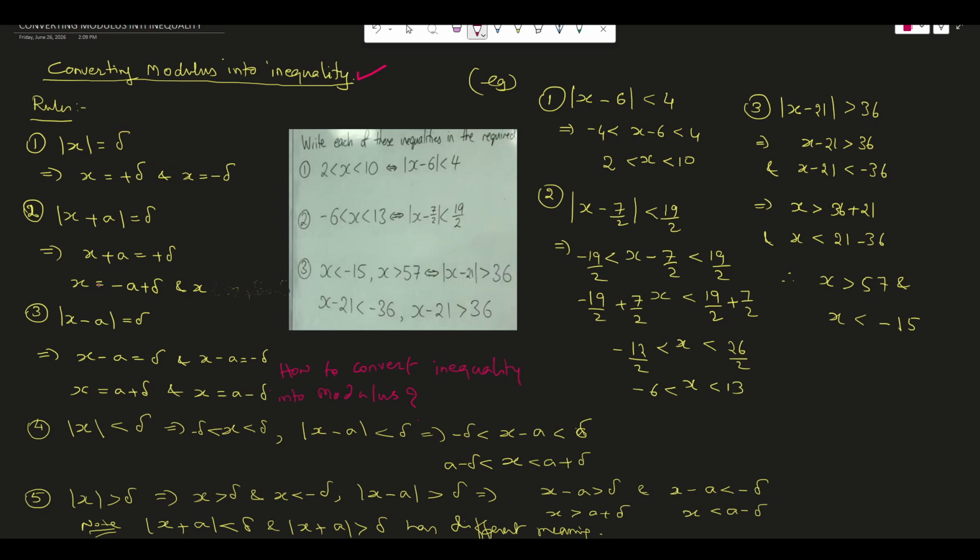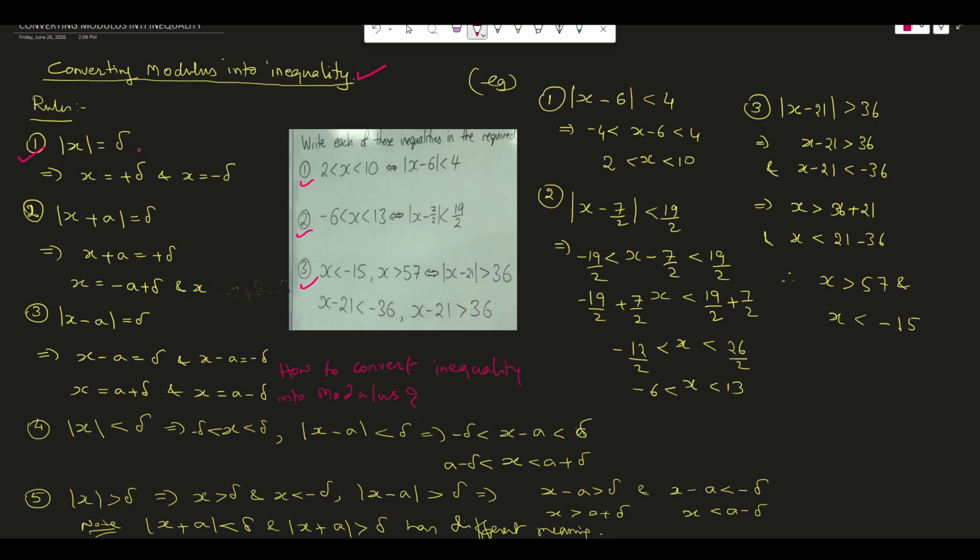So I'm going to first talk about those rules, and then I'm going to teach you these three examples in which inequality and modulus are interconverted into one another. In today's video, perhaps I'm going to teach only the conversion of modulus into inequality, not the other way, right? So the rules or the definitions are, the very first one is this, rule number one.